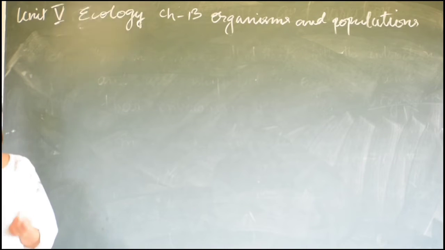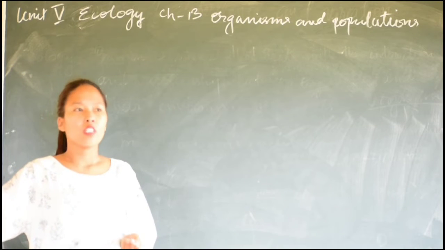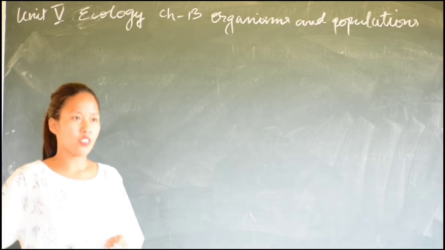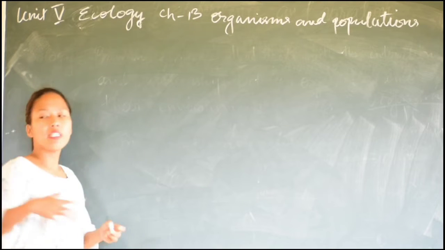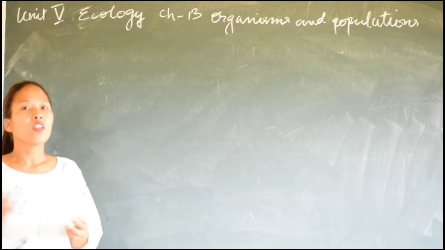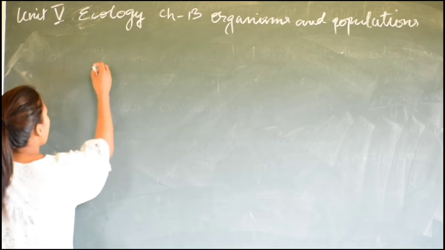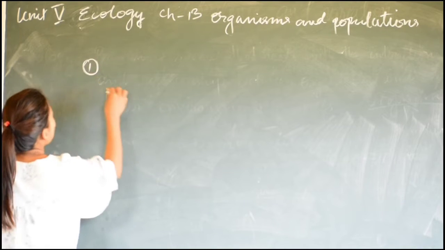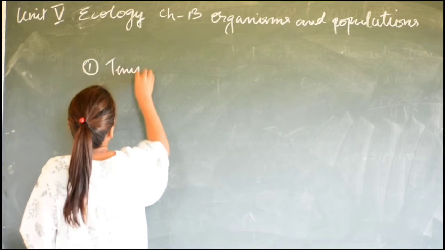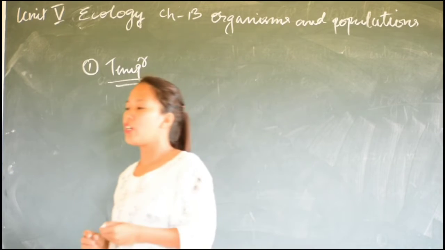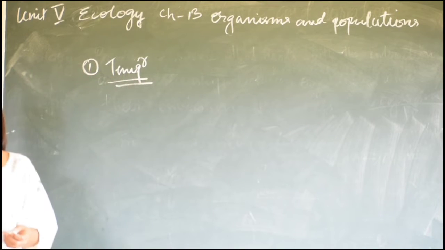There is a variation in all these habitats because of both abiotic as well as biotic factors. So now let us study some major abiotic factors that influence an organism. Number 1 is temperature. Temperature is very important for all organisms.